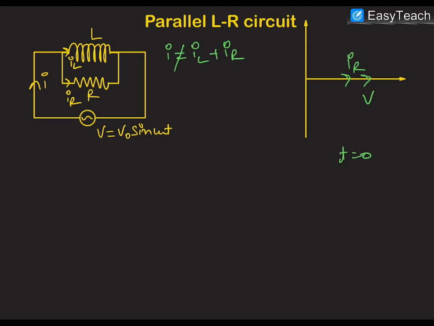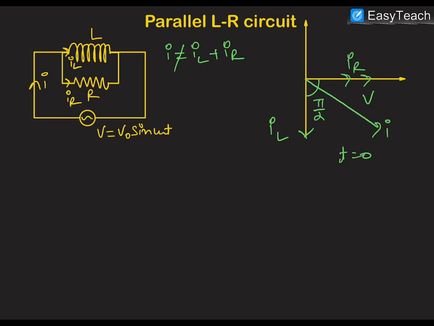Therefore, we can say that the current across the inductor will be behind the voltage across it by a phase of pi by 2. So, we will draw the inductor current IL at a phase of pi by 2 below the voltage. Okay, and we can say that the net current will be represented like this.